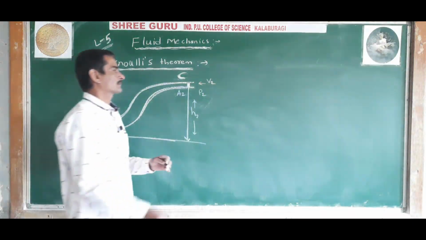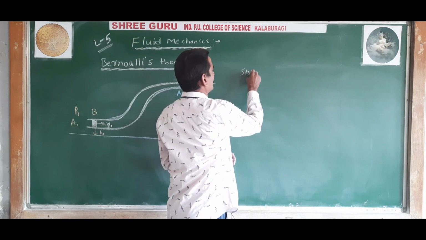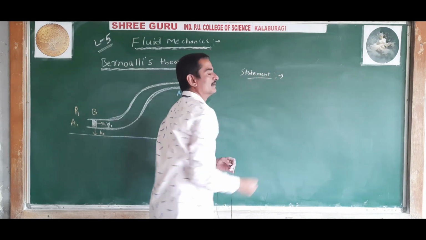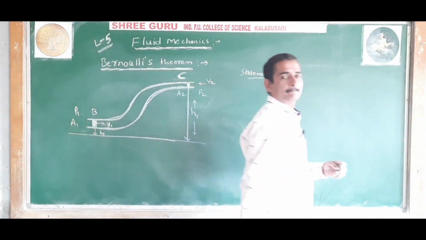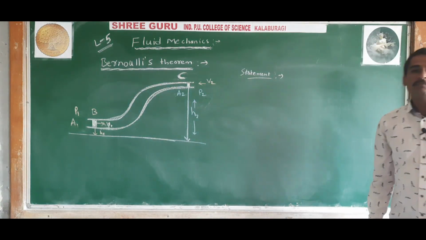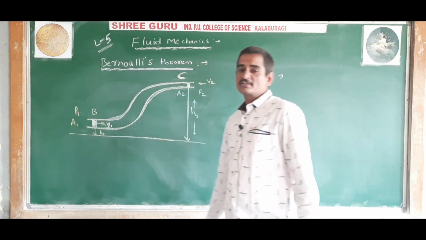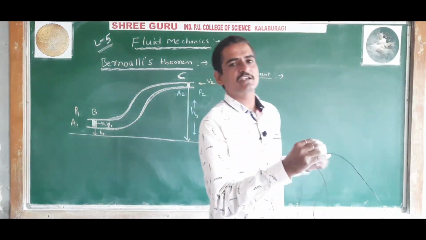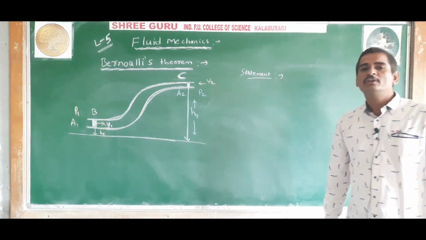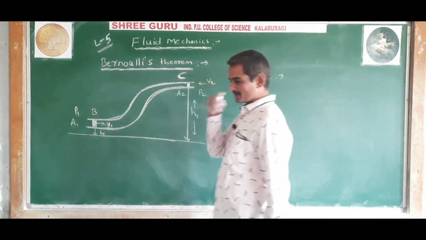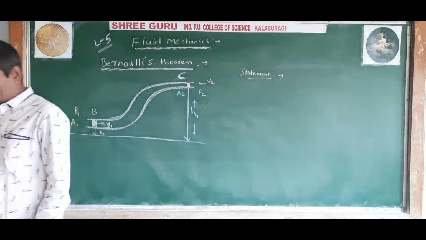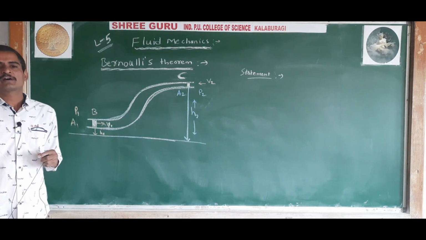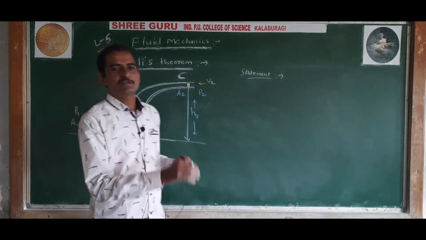So, first the statement. According to Bernoulli, the sum of pressure energy, potential energy and kinetic energy per unit volume of fluid will remain constant for an ideal fluid having streamlined flow.